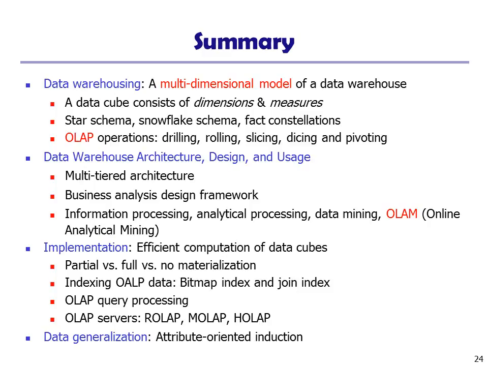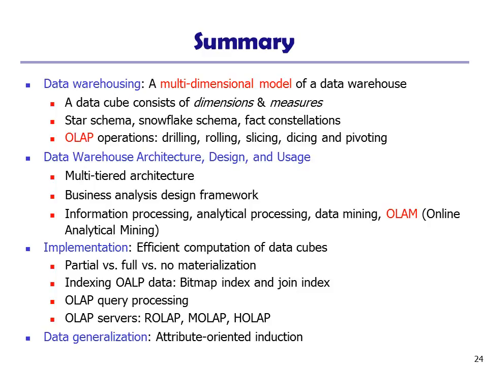Then in the next section, we looked at the data warehouse architecture, design, and its usage. Then we looked at the implementation of the data warehouse, how to efficiently compute the cubes, how many cuboids to come up with, what partial materialization and full materialization are, and what kind of indexing is possible.